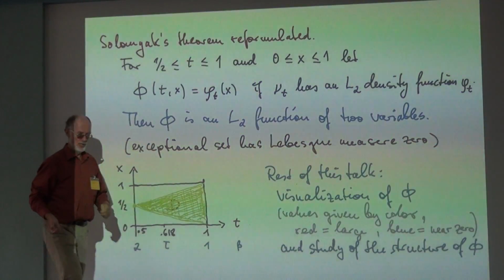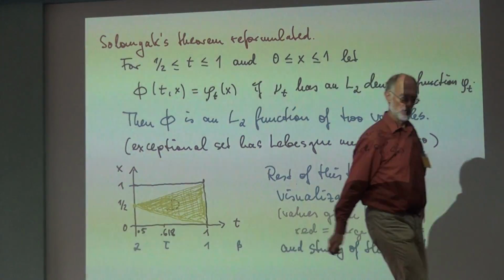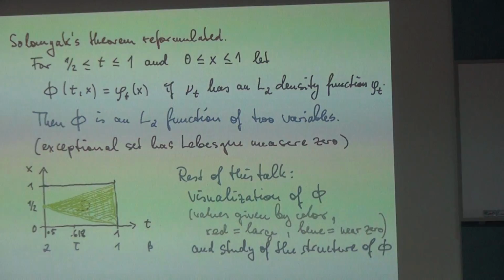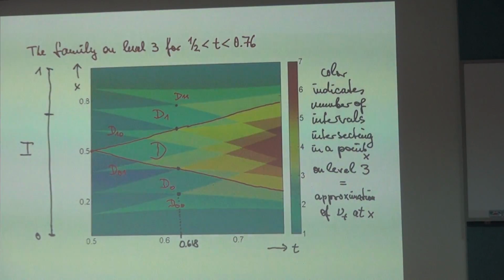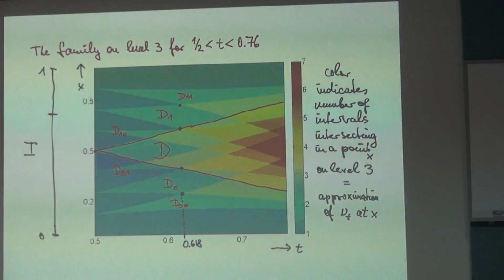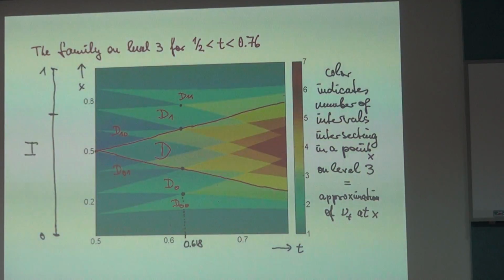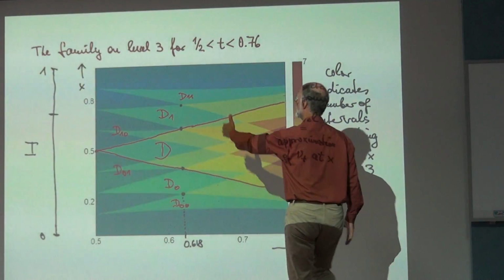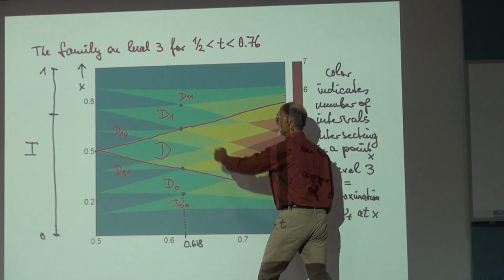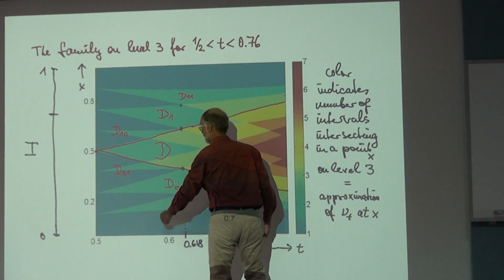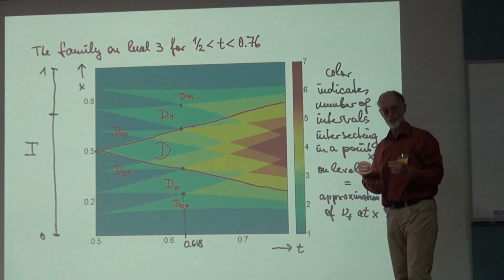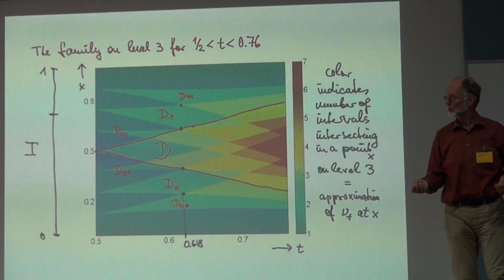So let us see first this on the level 3. So here's level 3. I consider just the overlap as I did before, but now I do this together for all parameters. On each vertical line we have one Bernoulli convolution, but only the third level approximation.